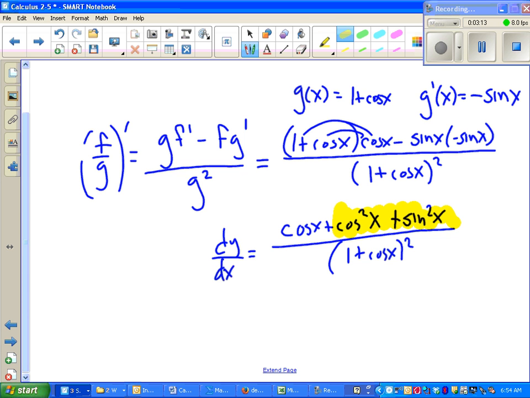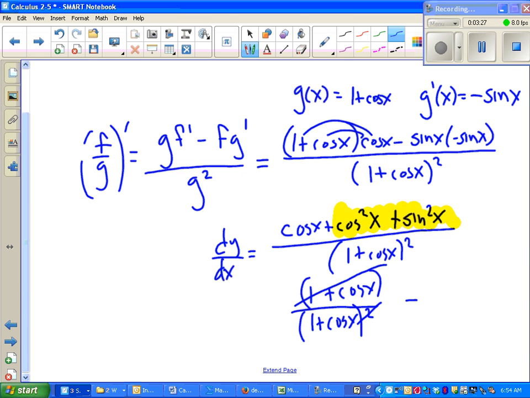You should have looked at that and thought, oh, I know that equals 1. So the top now becomes 1 plus cosine x divided by 1 plus cosine x squared. One of the factors cancels out. We're left with 1 on top, 1 plus cosine x on the bottom. Now we're done. That's as simplified as it's going to get.